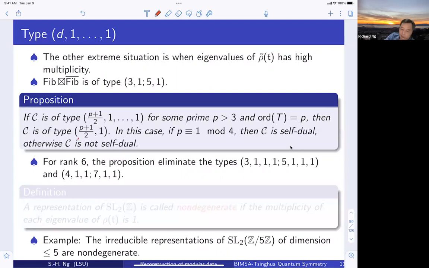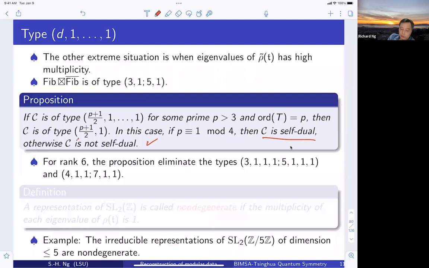You cannot have a lot of ones. It depends on whether P is congruent to 1 mod 4 or 3 mod 4. If congruent to 1 mod 4, C must be self-dual, that means the modular data must be all real. Otherwise, C is not self-dual, that means you have the complex term.